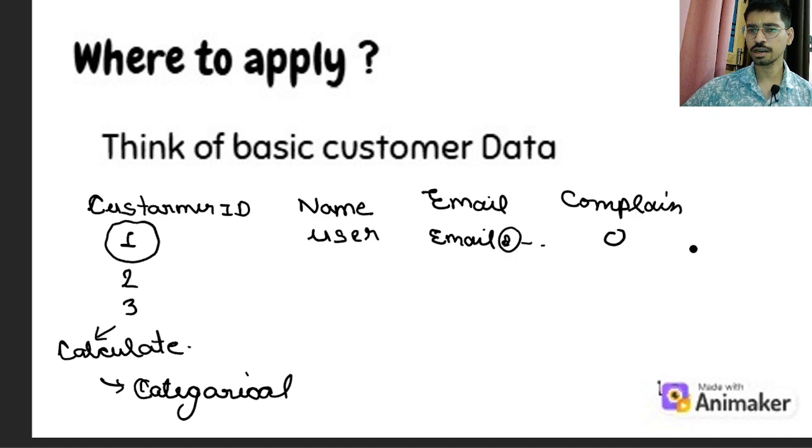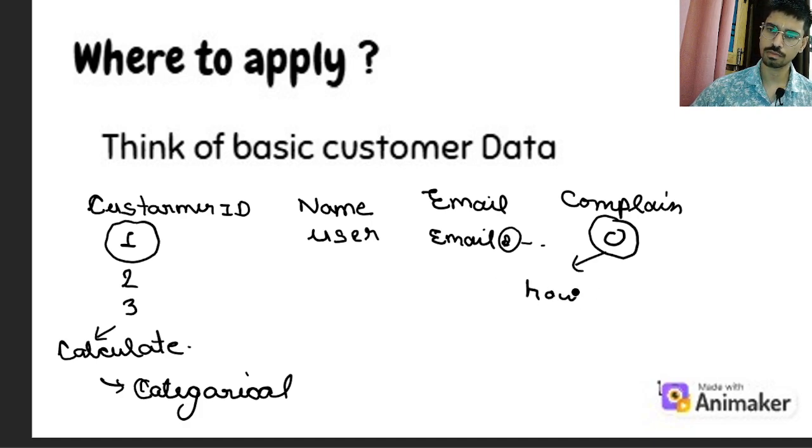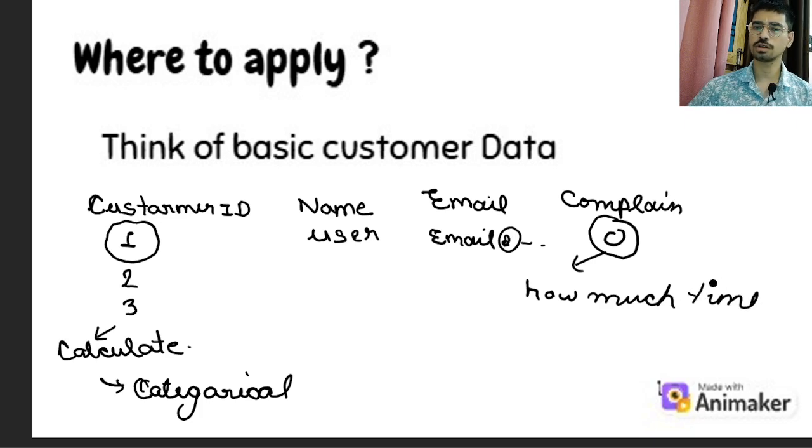Now let's understand the number of complaints, which is 0. In the complaints, we can say it shows how many times the customer filed a complaint. First, second, and so on. If the customer files another complaint, then the number increases.